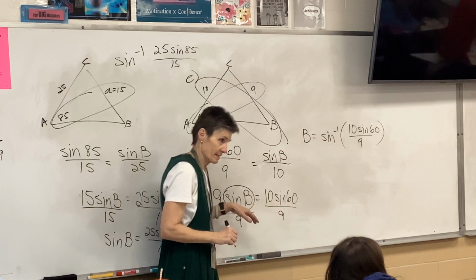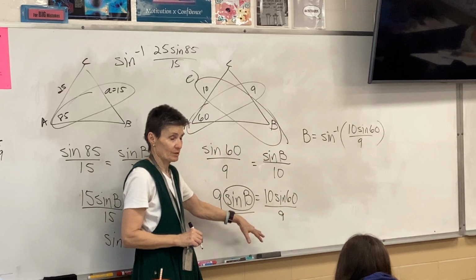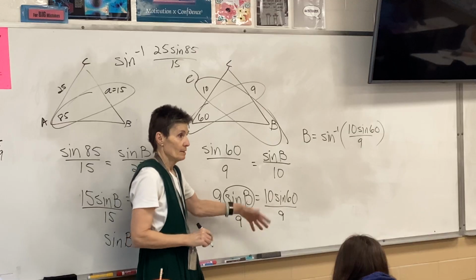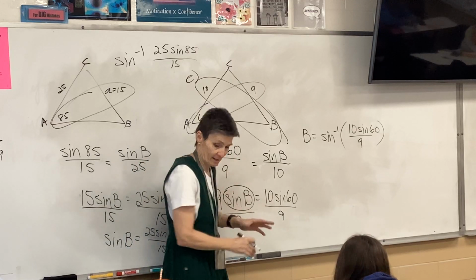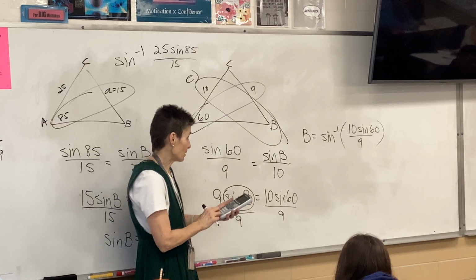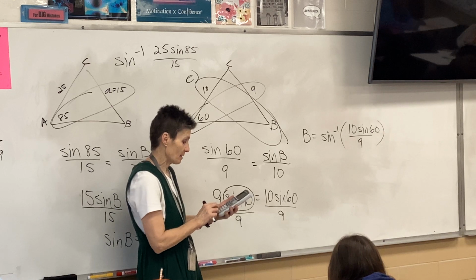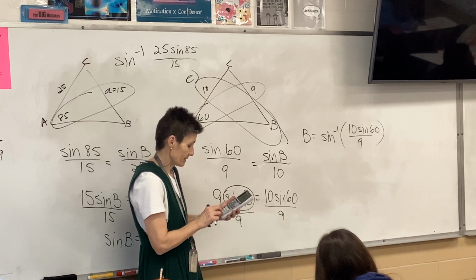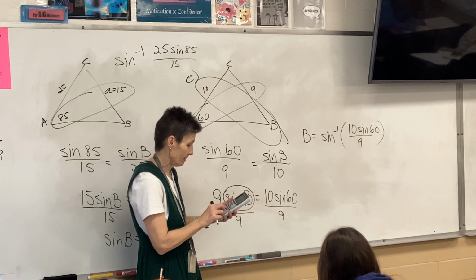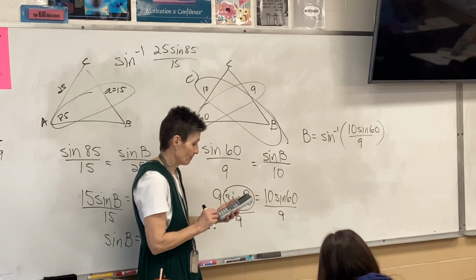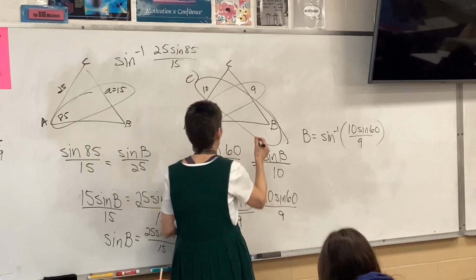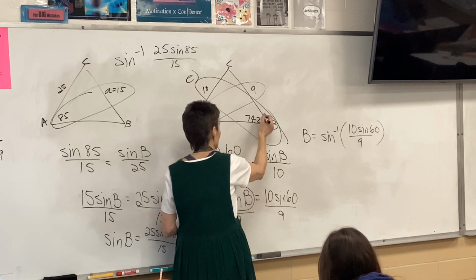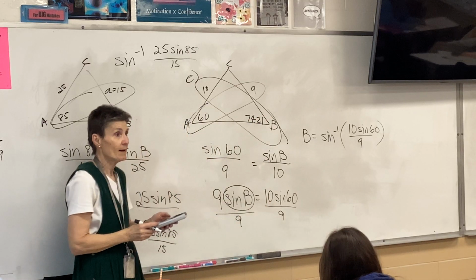So when you get sine B equals second sine that thing, I think we're going to get an answer. Second sine 10 sine 60 divided by 9. I got 74.21. Anybody else get that?